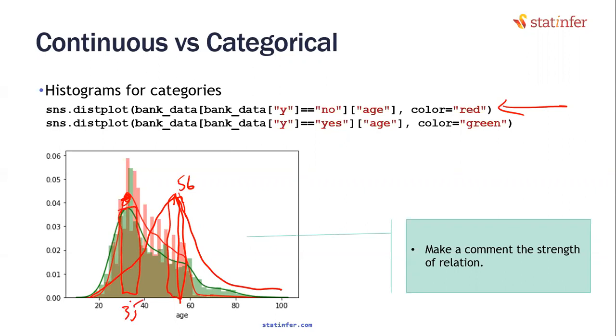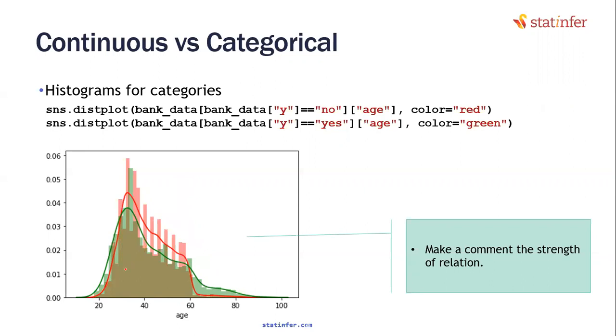Are you with me? But here, those who have purchased, their age is around 35 or 32, and those who haven't purchased, their age is also around 35 or 32. In simple words, if you see this distribution and this distribution almost the same, then you would say there is not much difference between purchased people and not purchased people.